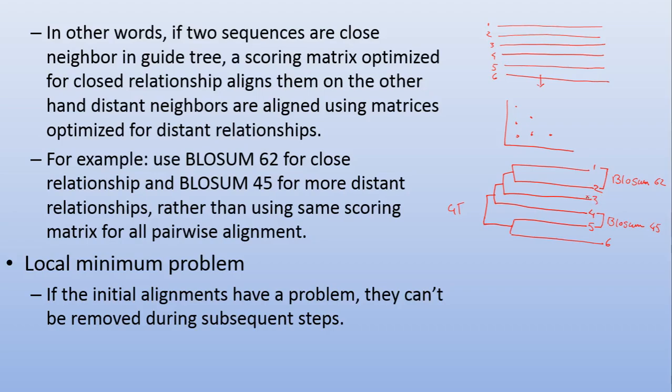That problem would be carried over as it is in your multiple sequence alignment, or it can even be amplified. That is what is termed the local minimum problem. If the initial alignment has some error, it cannot be removed in subsequent steps.